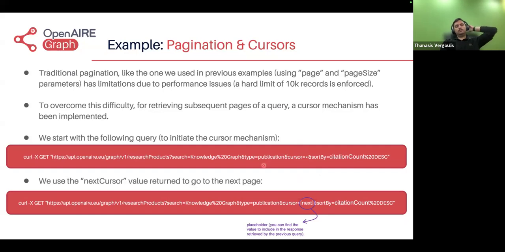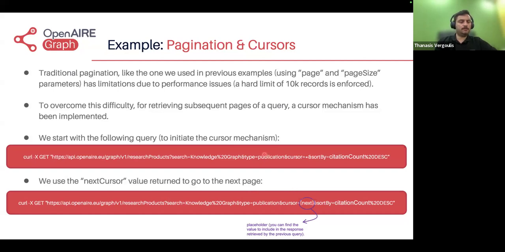And this value, you can use it for the next call. You replace the asterisk with this next cursor value, and this brings you the next page. And so on. The next page will also include the next cursor value for the page after that, and so on.